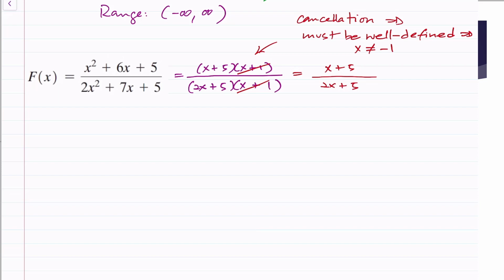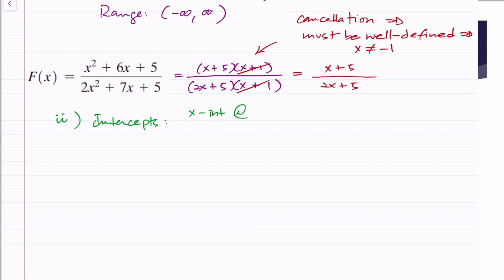So you've got to remember where you started when you're looking at the final form, the x plus 5 over 2x plus 5. Anyway, let's answer the questions that they were asking us here. They first asked about the intercepts. The x-intercepts are easy.